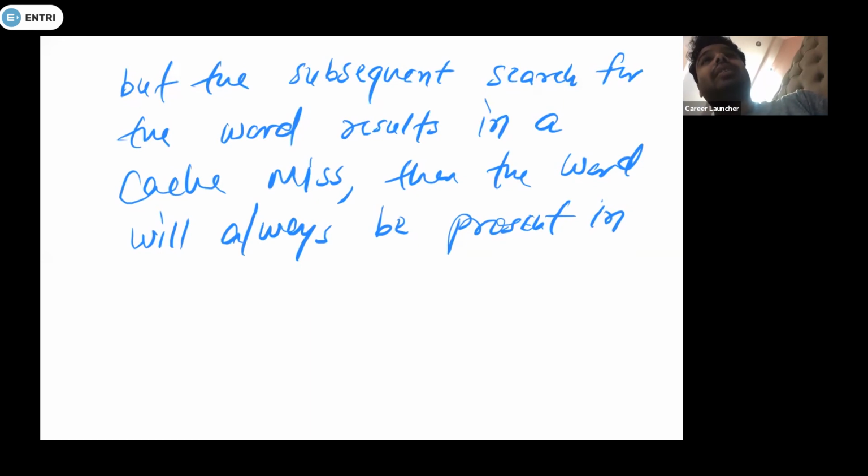And C is given like the memory access time using a given inverted page table is always the same for all the incoming virtual addresses. So here, what is the first statement?